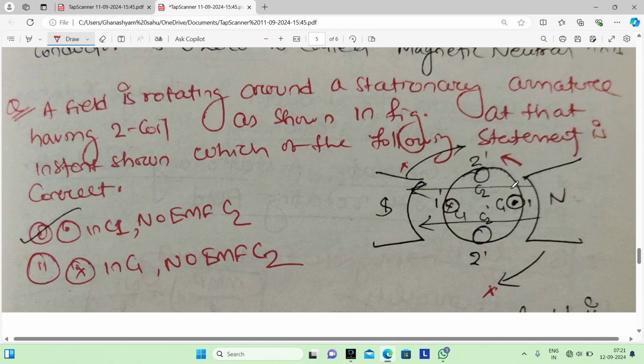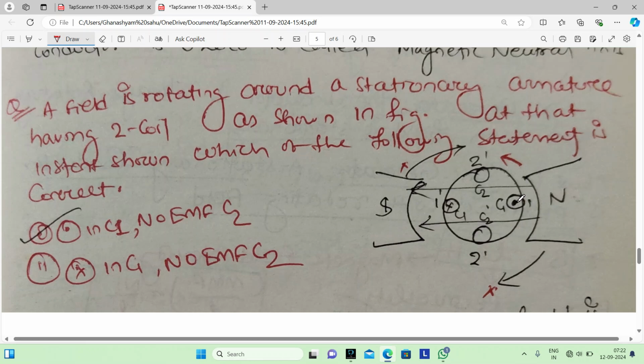Okay, so with the anti-clockwise direction, this conductor is moving in the upward direction. The thumb is in the upward direction, the flux is from the north pole to the south pole, and the dot will appear outward.